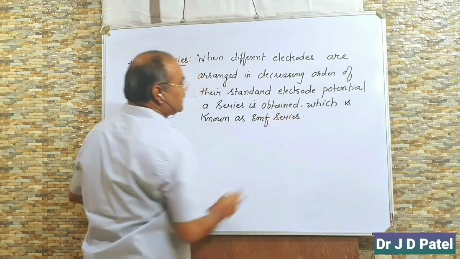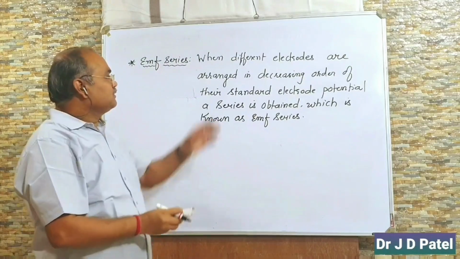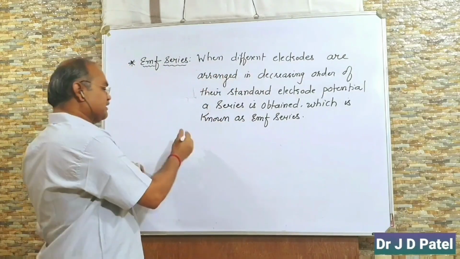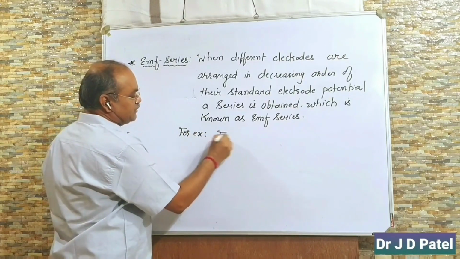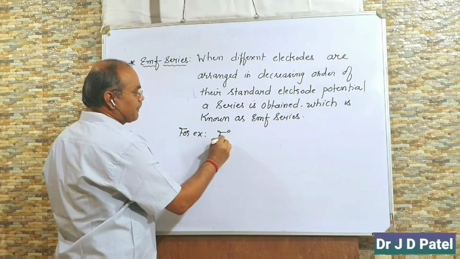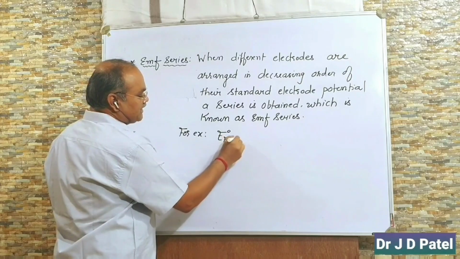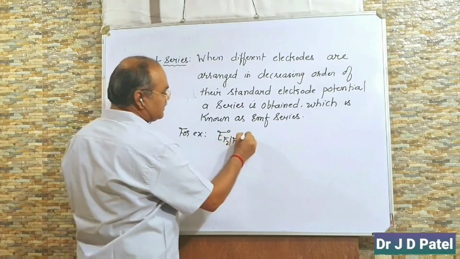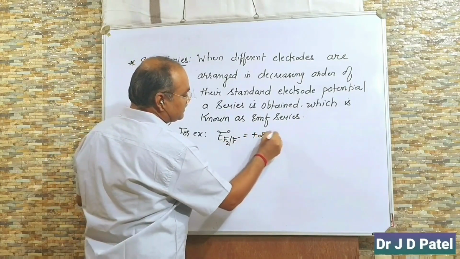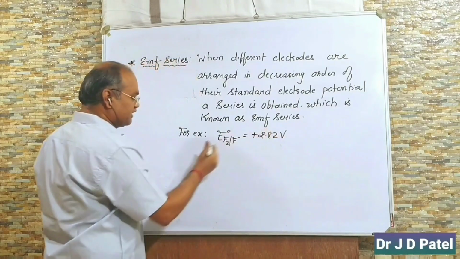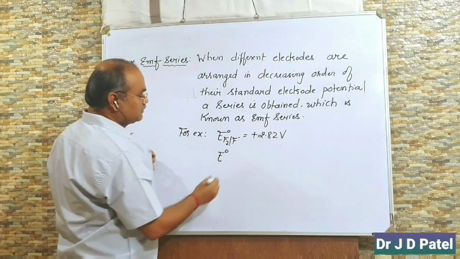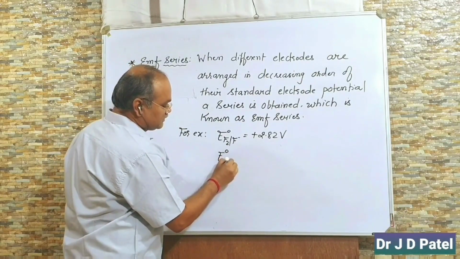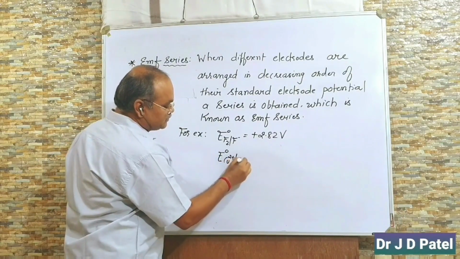Now, when different electrodes, I will give you an example. Suppose I have E0 F2 oblique F minus. You know the value 2.87 volt. Second I know E0 Cu2 plus oblique Cu. This value also I know, 0.34 volt.